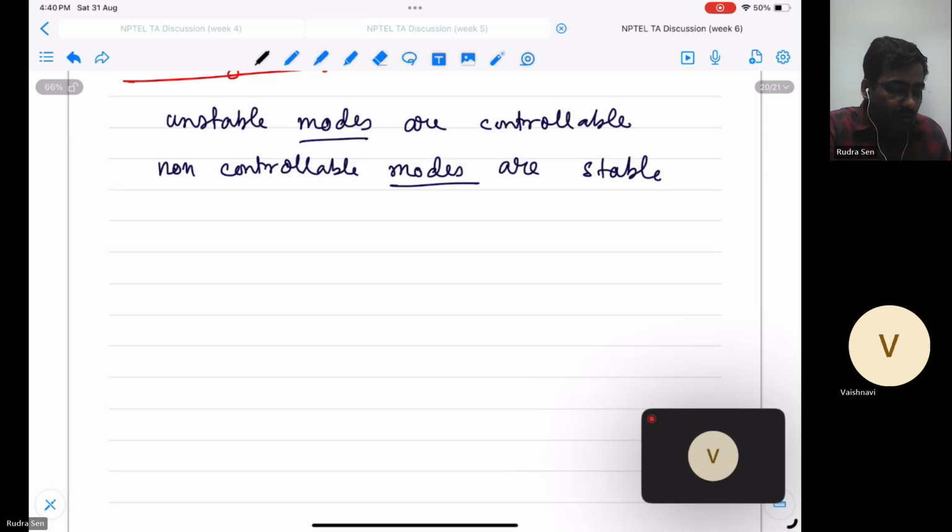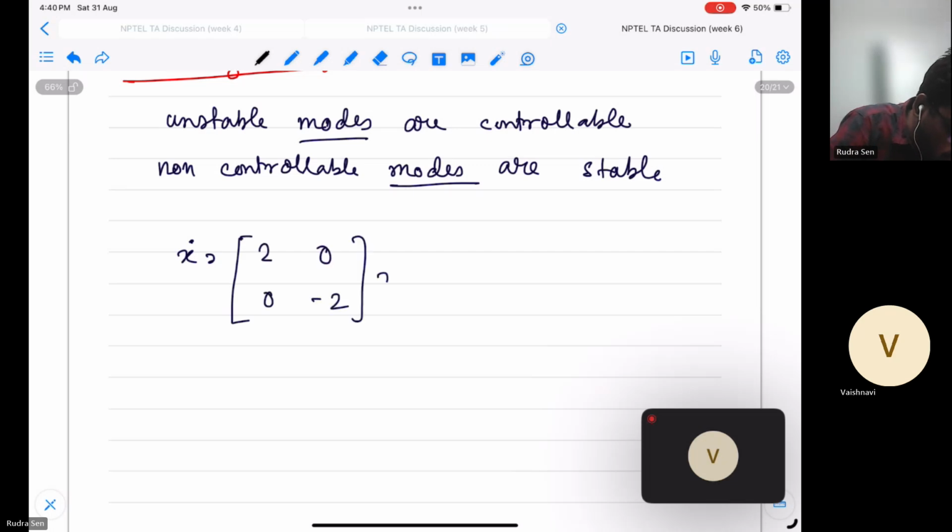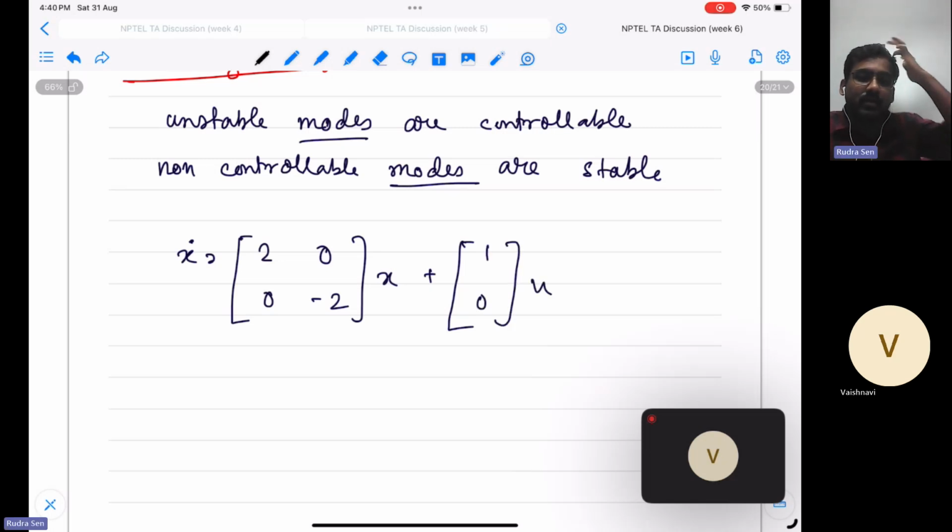The basic thing is, if you see in case of a diagonal system, this is the diagonal system. In case of a diagonal system, the eigenvalues lie on the diagonal.